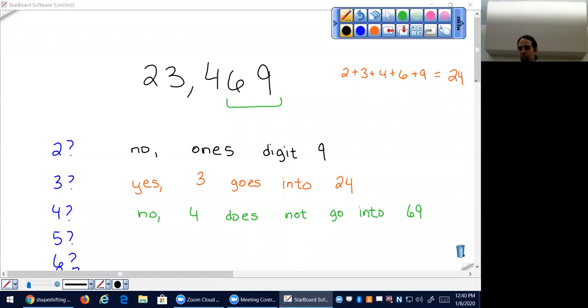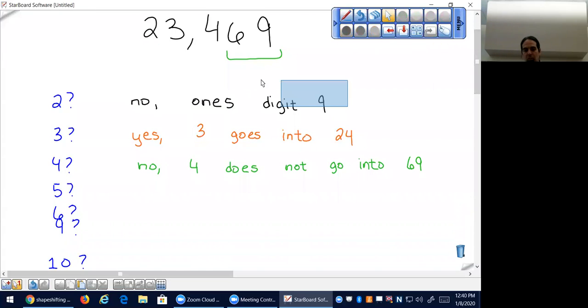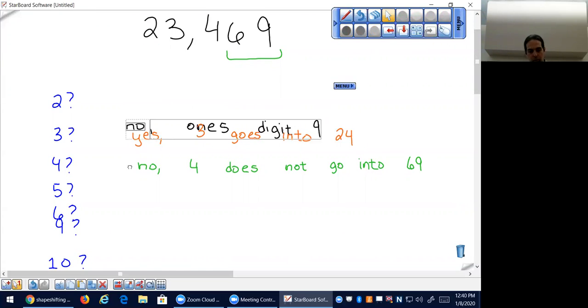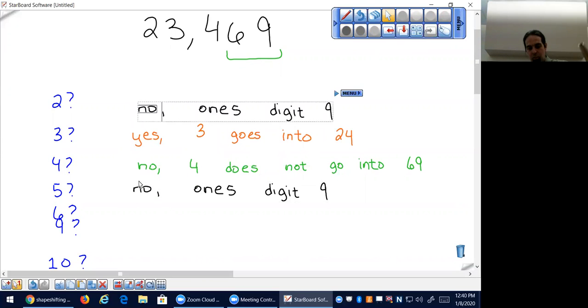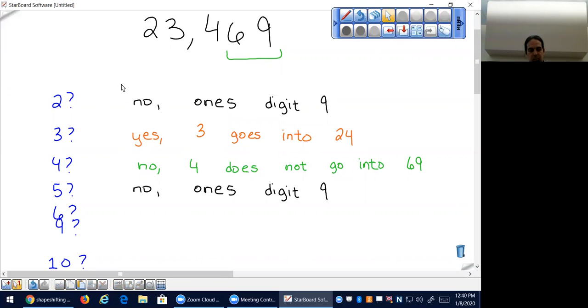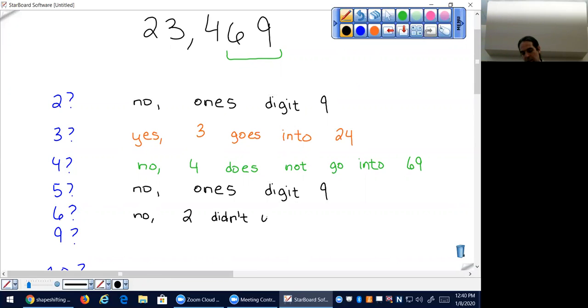Okay, 5. Is 5 a factor? No, the ones digit is 9, same as before. For 6, do 2 and 3 both work? No, 2 didn't work. Does 9 work?